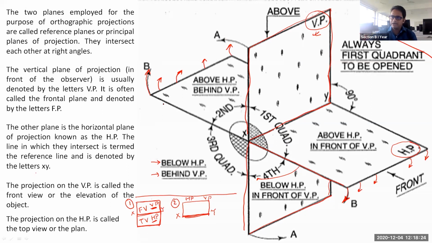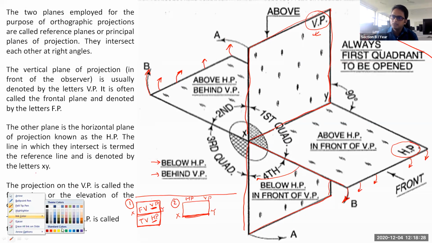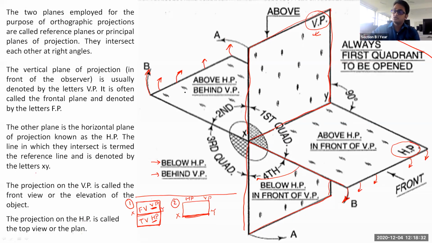For the final position, let me choose some other color for better visibility. So the final position of this horizontal plane, when the object is in second quadrant, where will it go?